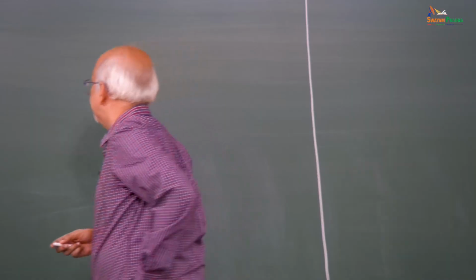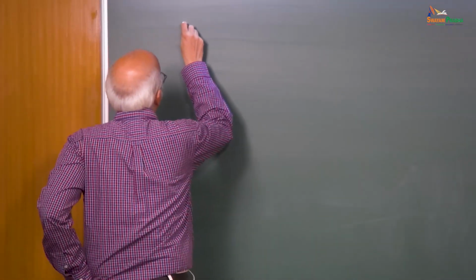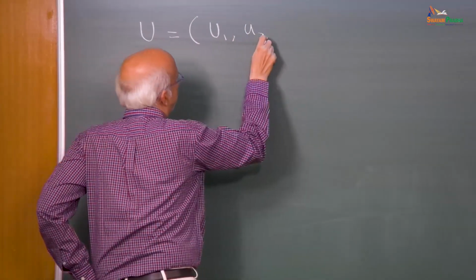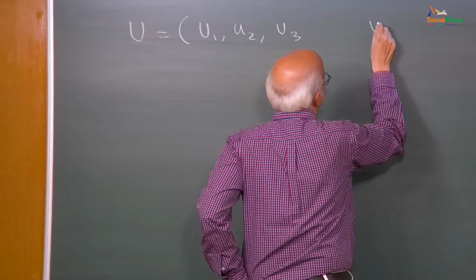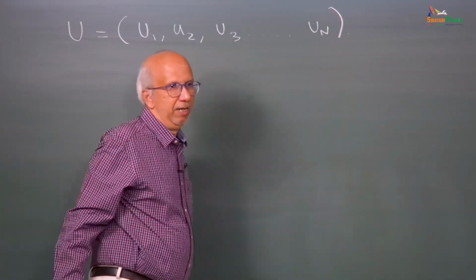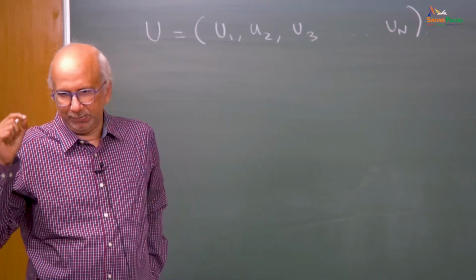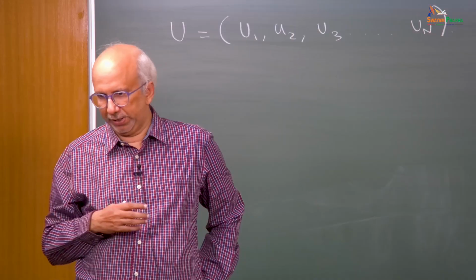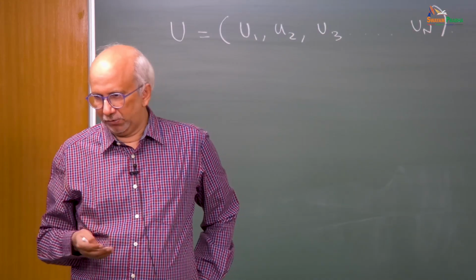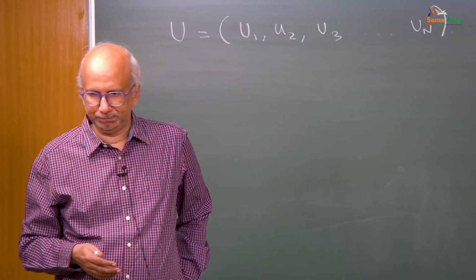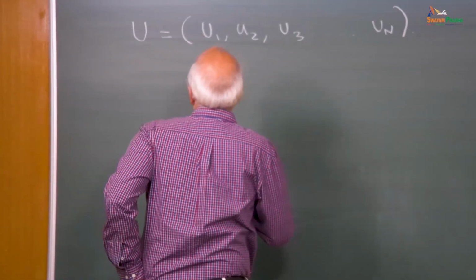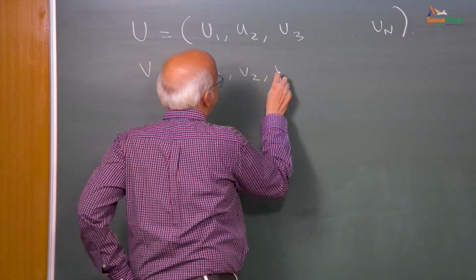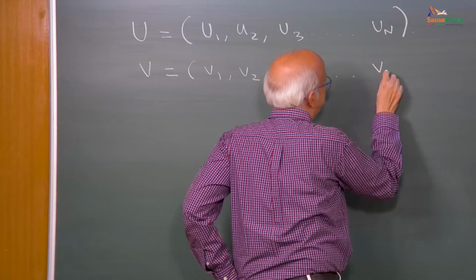So, what I am saying is u, the vector, I will say has u1, u2, u3 up to un. So, the different coordinates, the different elements of u are now going to be represented by the subscripts. This way I can take n as large as I want, 5,000, 10,000, 20,000, whatever. Okay. And if I have v, a vector, I will similarly have v1, v2, v3, vn.